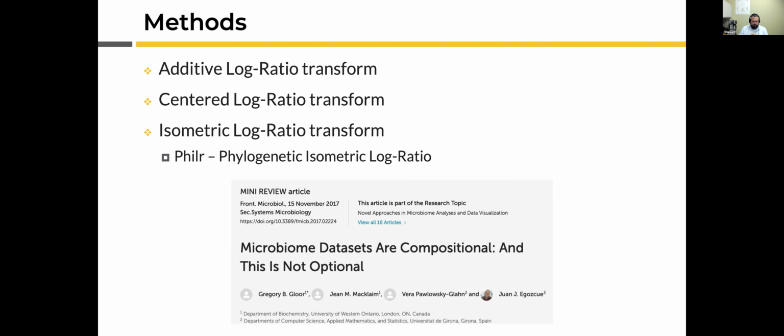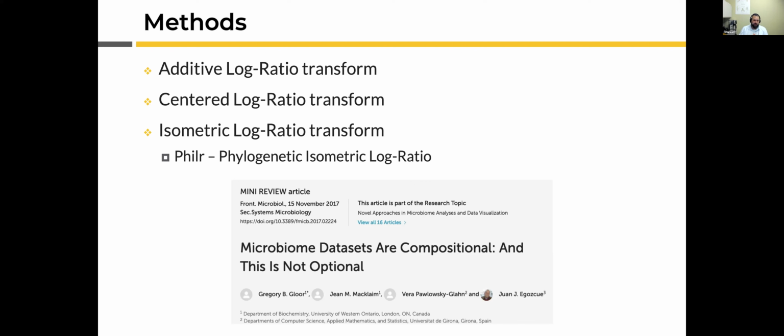You can do your own searching for that, but the isometric log ratio transform was designed to resolve some of the drawbacks of the centered log ratio transform. Because of its properties, it can be difficult to calculate in the first place.